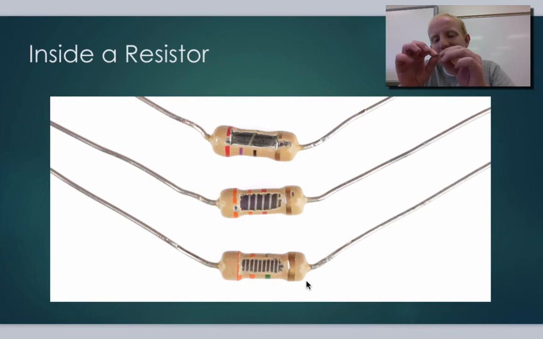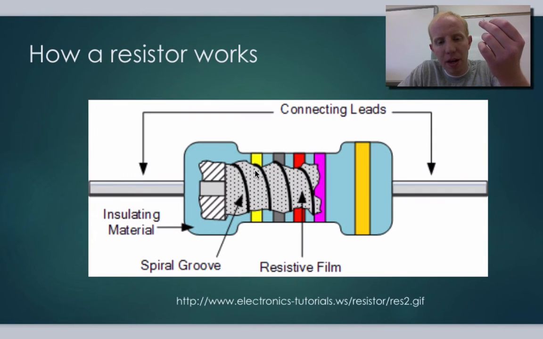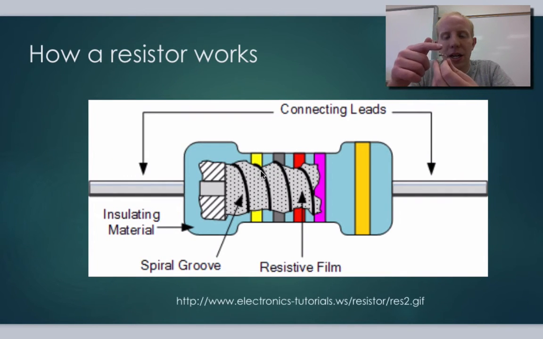Those loops generate kind of a magnetic field, going back to electromagnetism a little bit, which causes the electrons to slow down as they're going through. It also generates a lot of heat because the electrons have to go through the wires more quickly in that small area. So resistors can get pretty hot if you are not careful. It just kind of loops around on the outside, and basically how many loops you have inside of the resistor determines how much it resists the flow, how slow it goes.